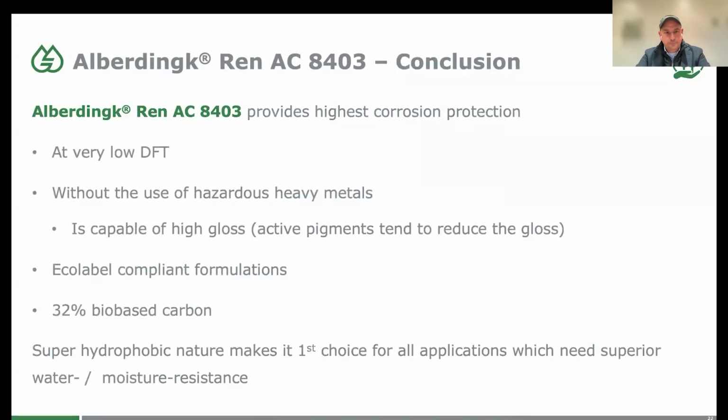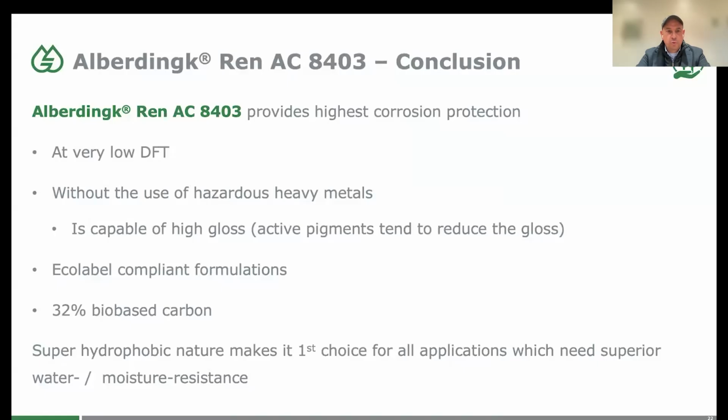To summarize, Alberdingk REN AC 8403 provides the highest possible corrosion protection standards, and we have that tested also by third-party institutes, and they always confirm that we can achieve C5 level. But we combine that with a very, very low dry film thickness.